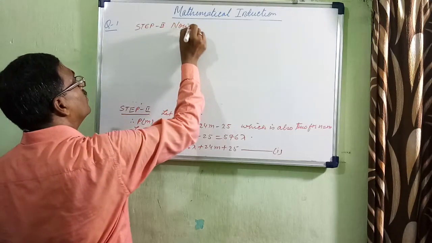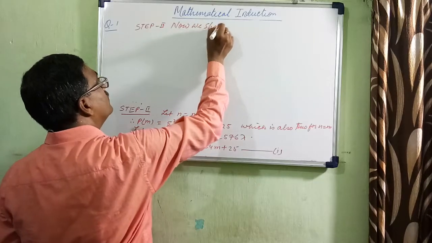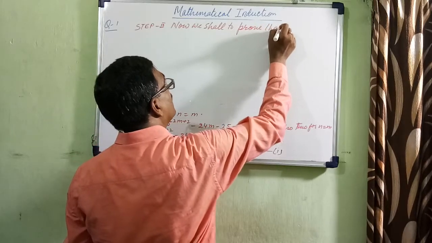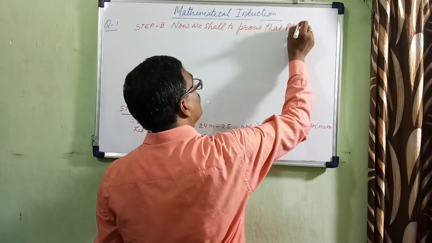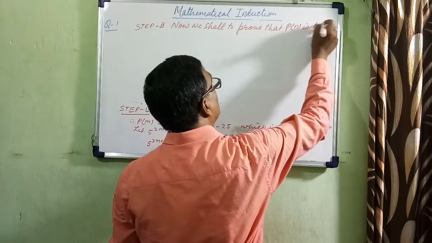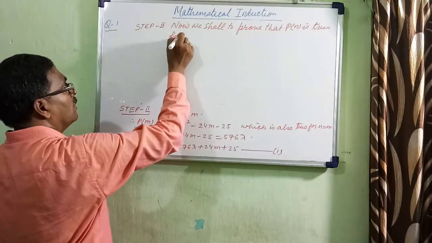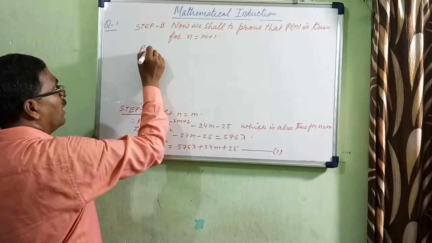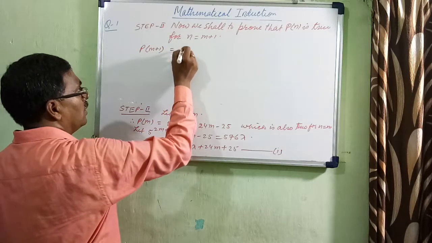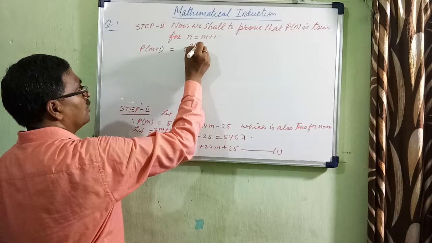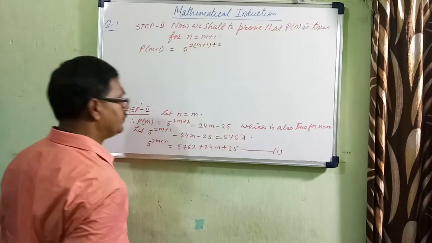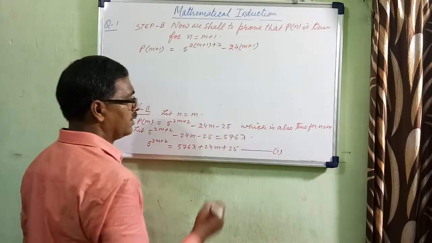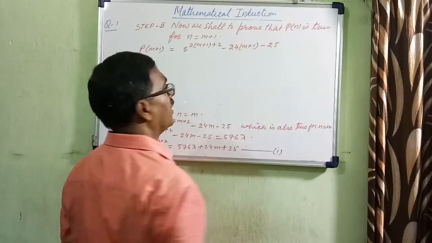Now we shall have to prove that Pn is true for n is equal to m plus 1. So P m plus 1 is equal to 5 to the power 2 into m plus 1 plus 2 minus 24 into m plus 1 minus 25.